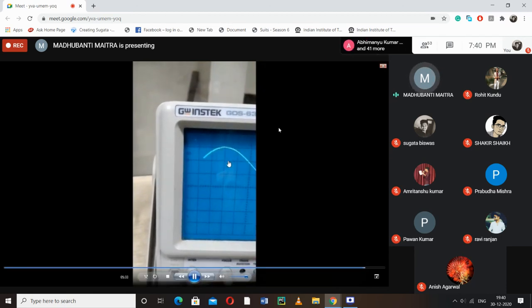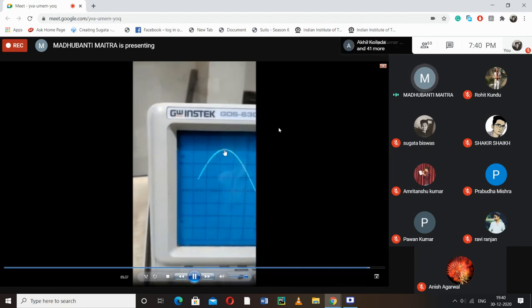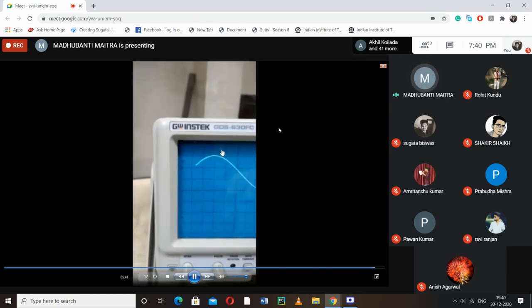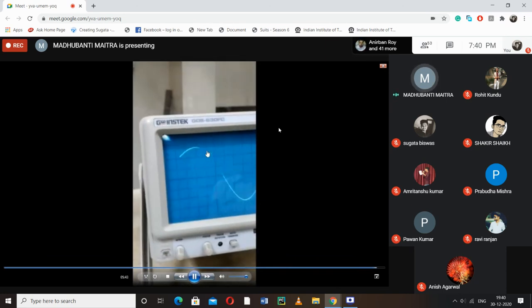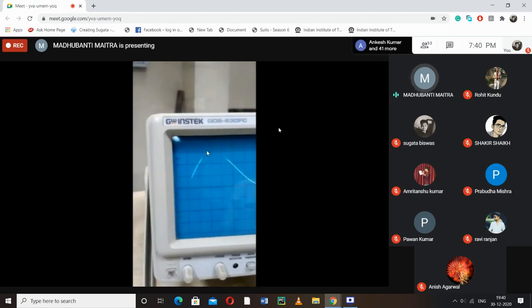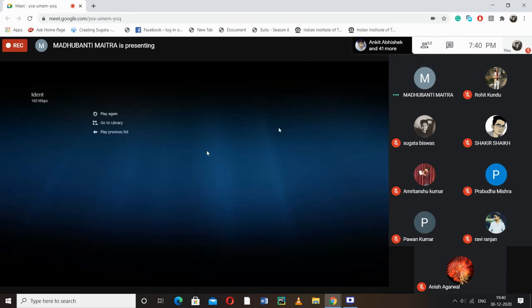By shifting it, we are trying to match the peak values, and by checking the shift between the peak values of the output and the input, we are trying to decide whether the output is leading the input, lagging the input, or in phase with it.